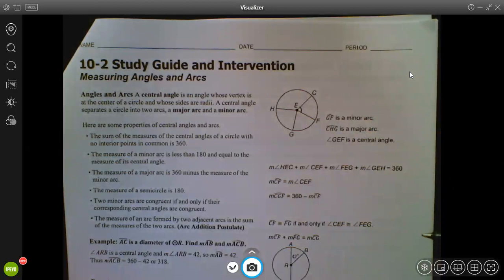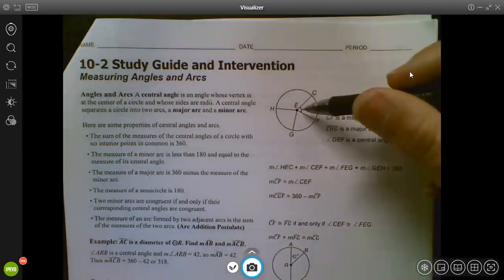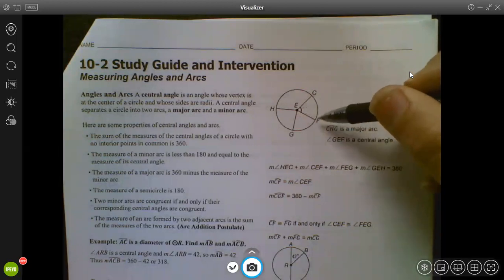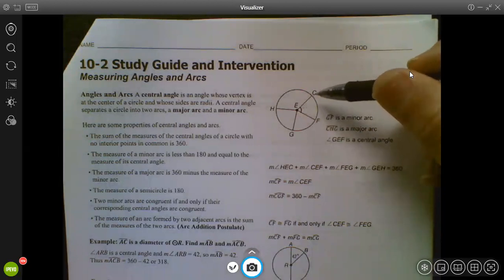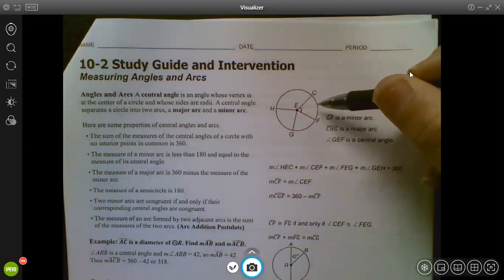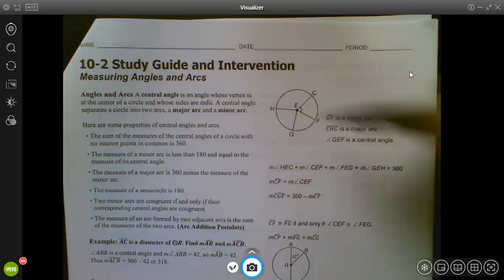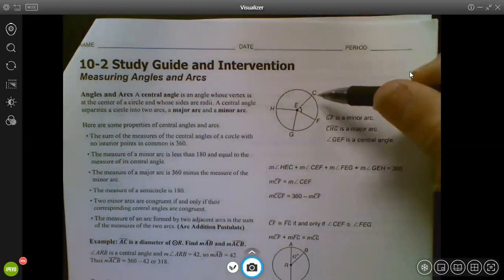So that would be a central angle. If you go straight out from that central angle, you get this that we call arc CF. So an arc is simply the outer portion of the circle that matches up with that central angle that you see right there. Okay, so this would be arc CF.